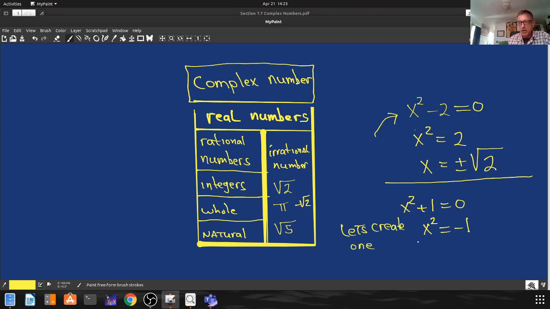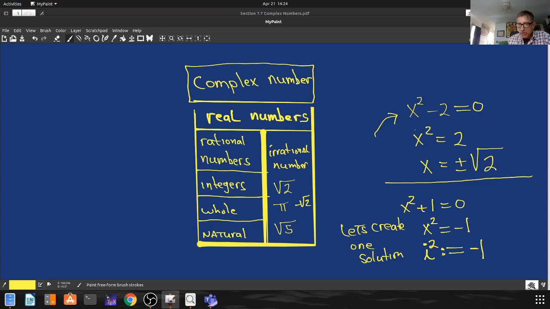And let's call it a solution, so it's going to be a constant. And let's call the solution i. So i is going to have the property such that i squared by definition is equal to minus 1.